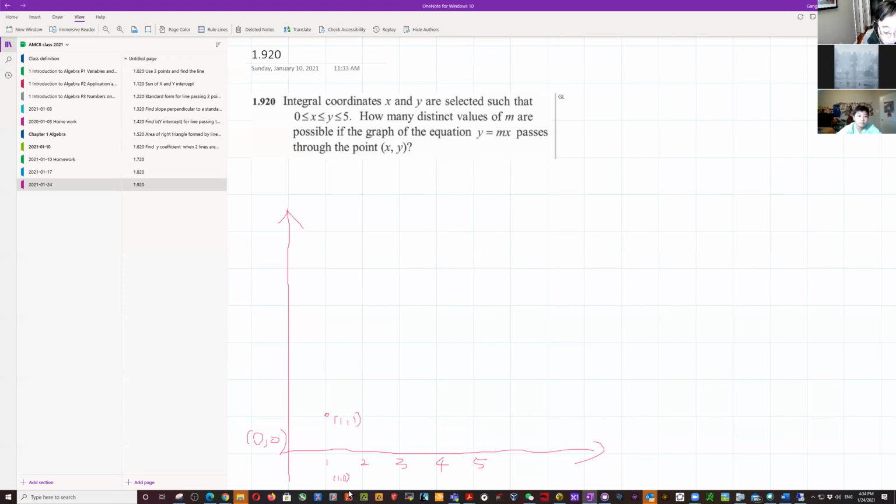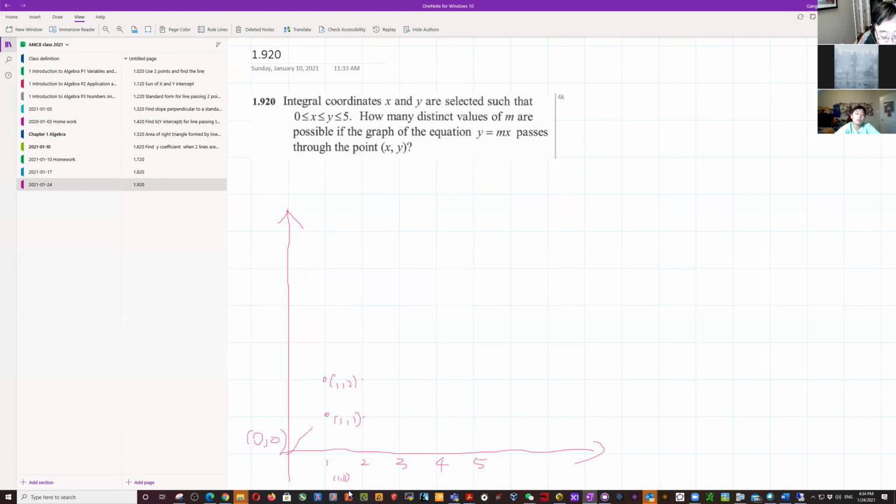And let's see this point. This point also works because that's going to be 1 and 2. So this one works, and this one does not work, because it's 2, 1.